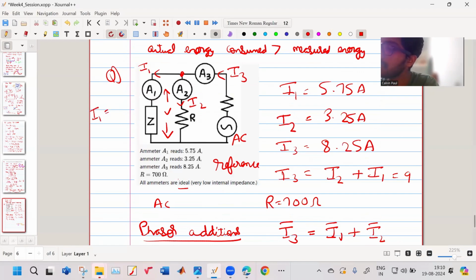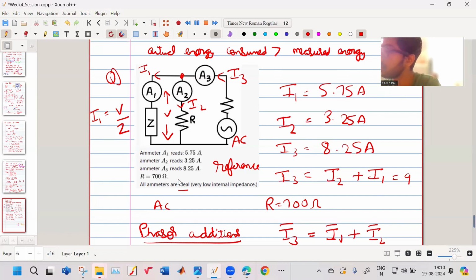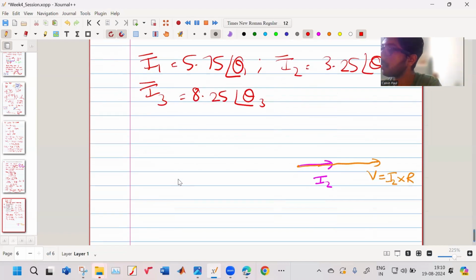Your I1 is actually V by Z. I will assume that it is an inductive load.